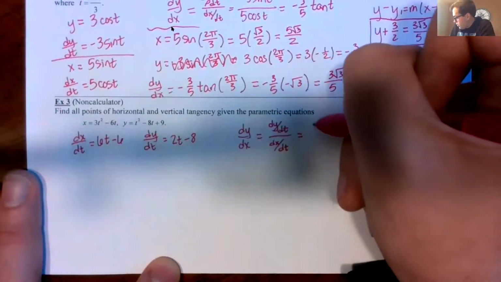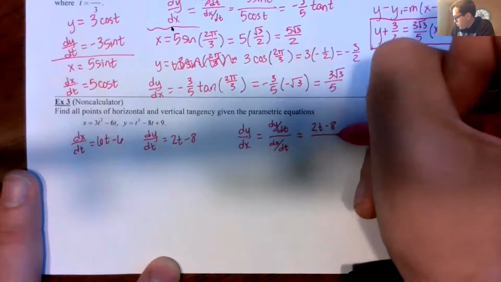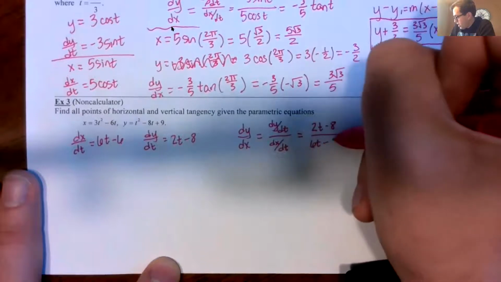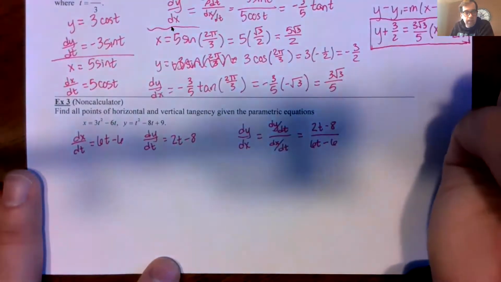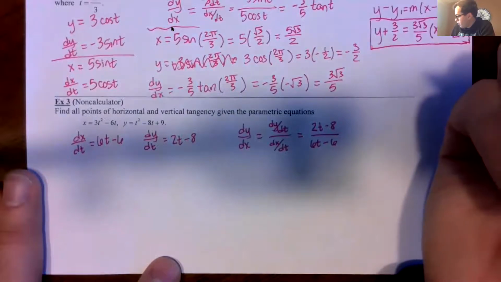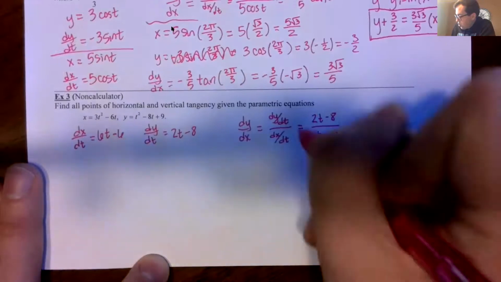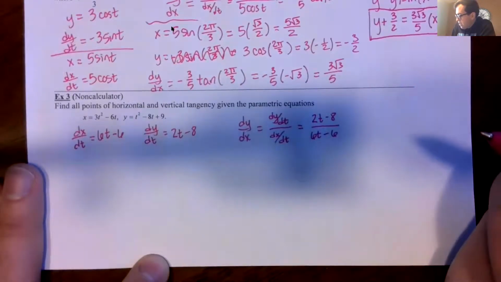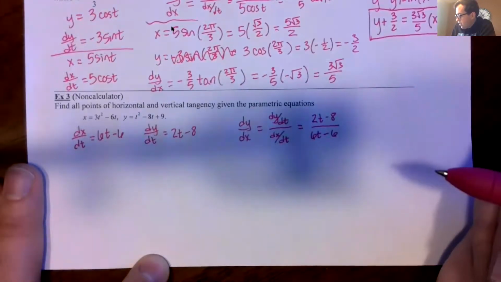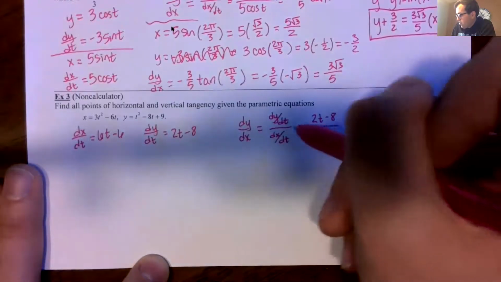So that'll be 2t minus 8 over 6t minus 6. And that's not easily simplified, so I'm just going to leave it that way. So let's kind of explore that tangent line equation, or rather the first derivative.